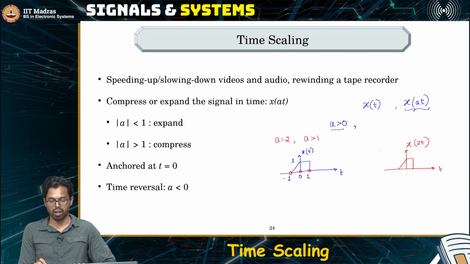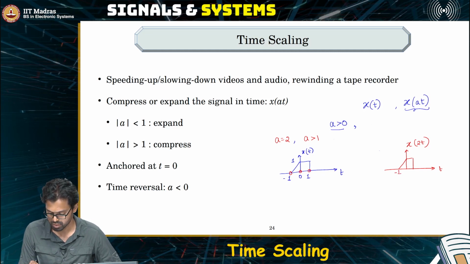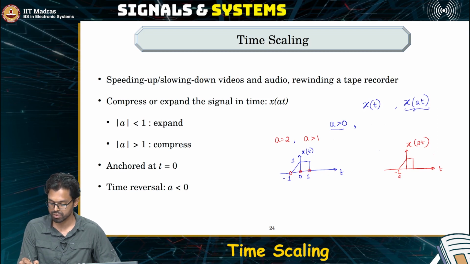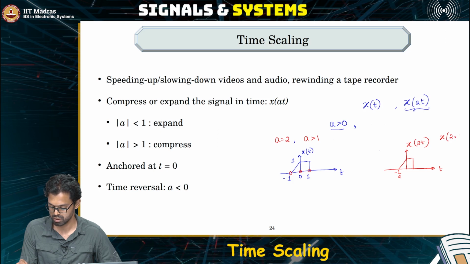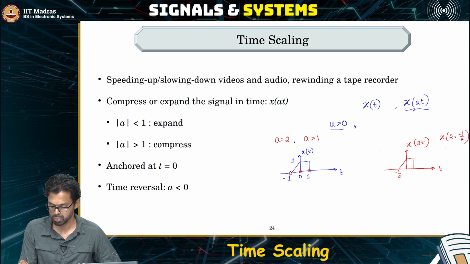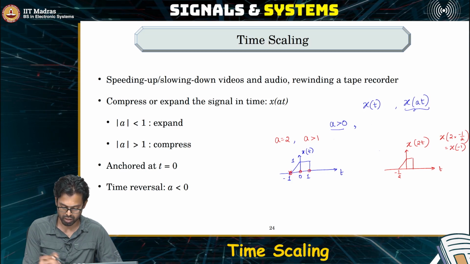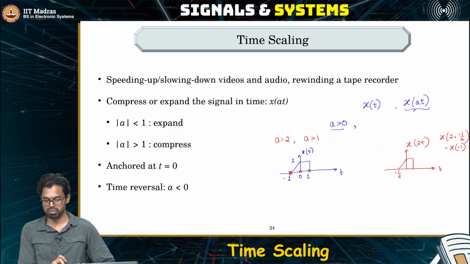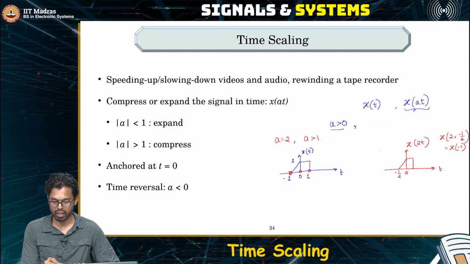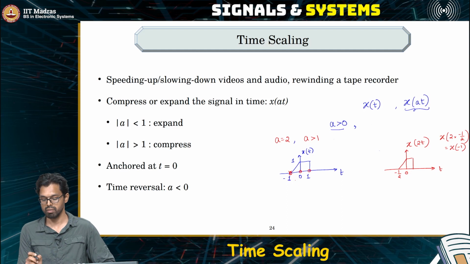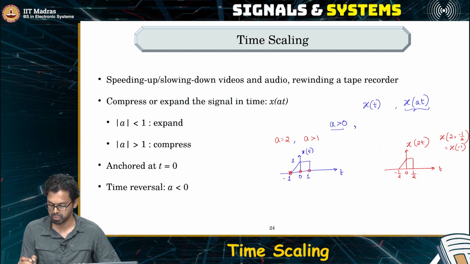At t equal to minus half, we get x of 2 times minus half, which is x of minus 1, exactly this point. So that point is shifted to minus half and 0 will remain as such, and then x of 1 will happen when t is equal to half. Similarly, this point will become half.